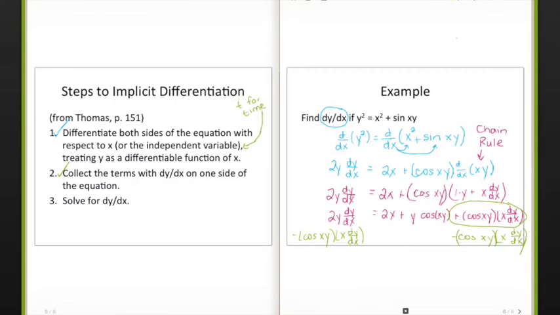Now on this left side, I'm going to factor out my dy/dx, which will make the process of solving for it much easier. So that leaves me with dy/dx times 2y minus x cosine xy.